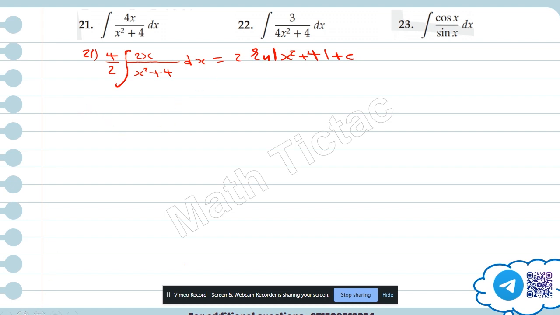Now let's move to question 22. In this question, we can see that this is the integration of 3 over 4x squared. Let's think about the ln function, for example.